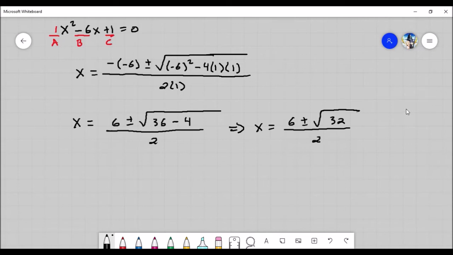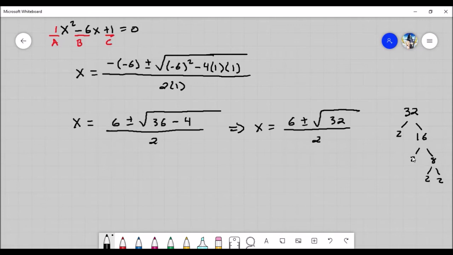If you know another way to do it, by all means, go ahead and do it that way. Okay, but if you're following the way that I'm doing it, so I did a complete factorization of the 32.